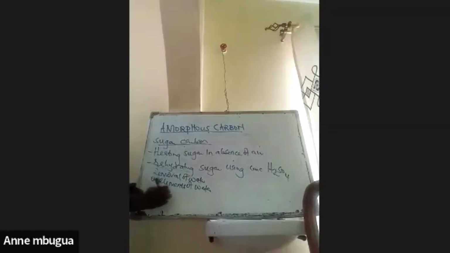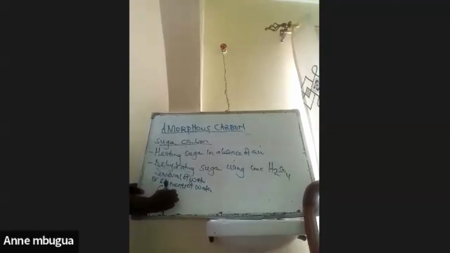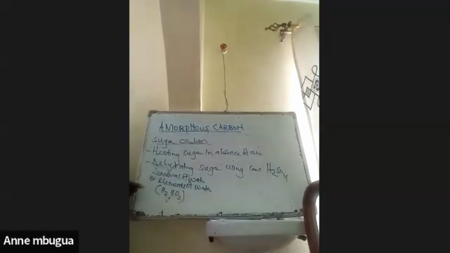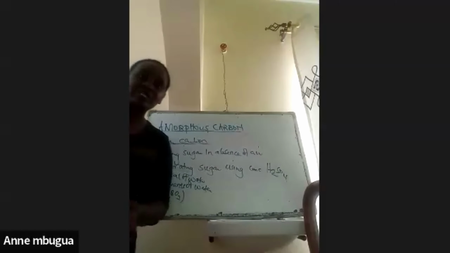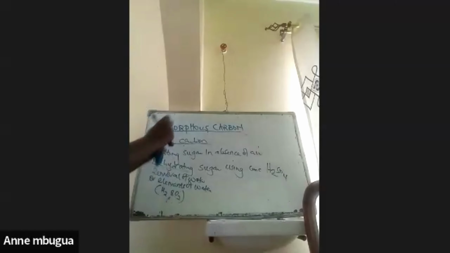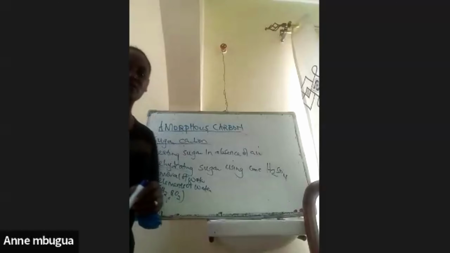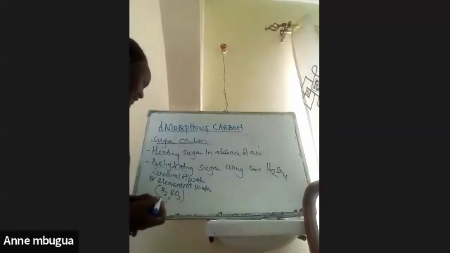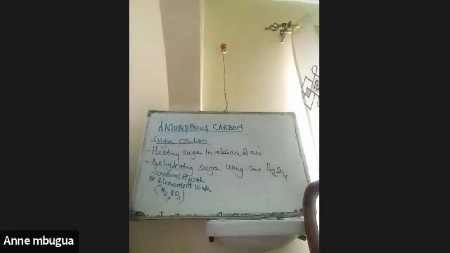When we talk of elements of water, we are talking of the hydrogen and the oxygen. So if you remove hydrogen and oxygen from a substance that contains it, that process is called dehydration. Even if you remove the whole hydrogen and oxygen combined to give water, that is also called dehydration.